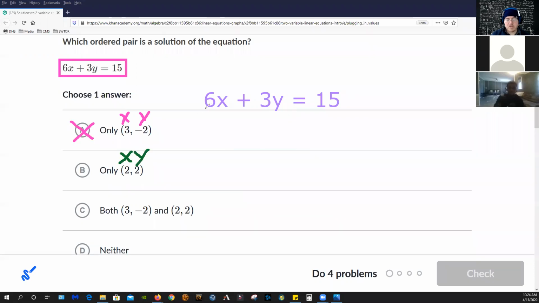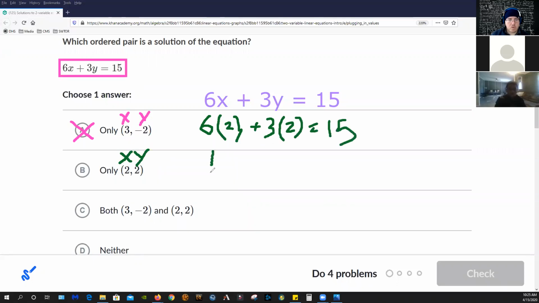So we take the same equation and we're going to write it down, but we're going to substitute. That means we're going to swap out these letters for the values. So this is going to be 6 times our x value, which is 2, plus 3 times our y value, which is also 2, and that's supposed to come out to 15.